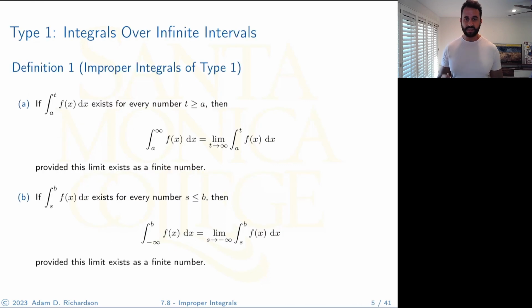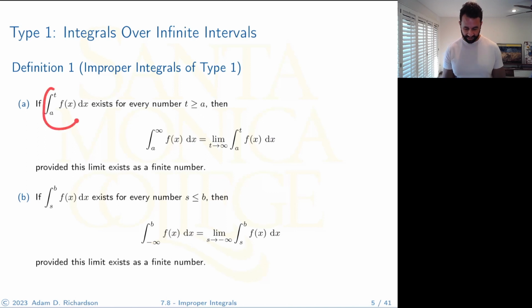All right, so let's look at type number 1. We'll go through the definition, make sense of it, and then we'll see how to work with them. So here's the setup. This is the integral that we want to evaluate, the integral from a to infinity of f of x dx.